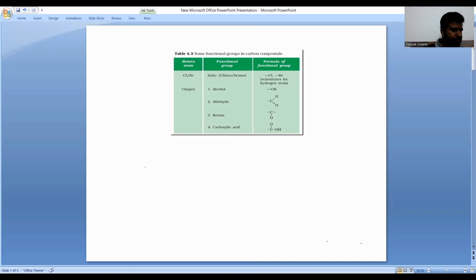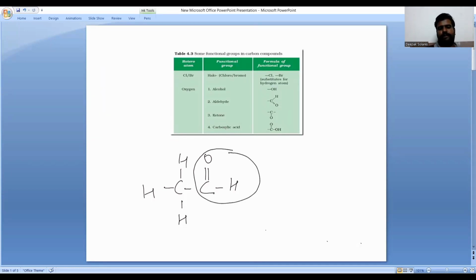Now, next one, aldehyde. C, C, H, double bond O. You can complete the valency of C with H and H. Now, this functional group you see, this is aldehyde. The end carbon has this functional group, you can note it down. For aldehyde the suffix will be al.